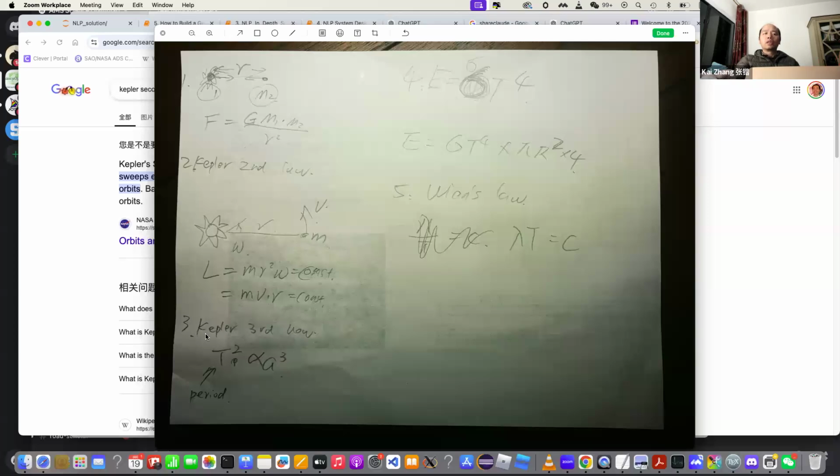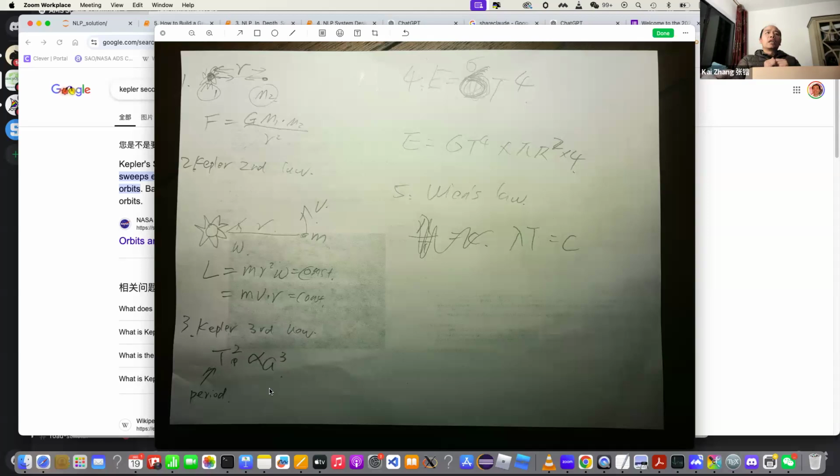The third formula is called Kepler's third law. It tells you the relationship between the period and the major axis length. As I said before, the orbit is elliptical, so it has a major axis.